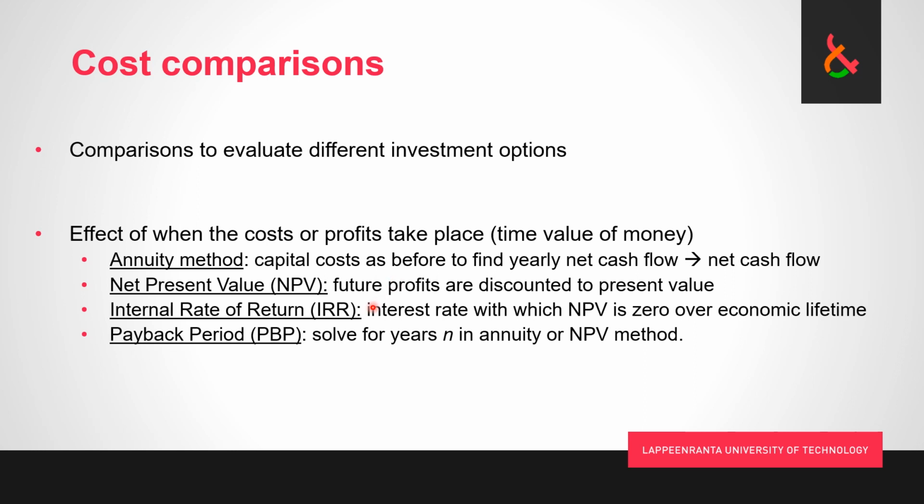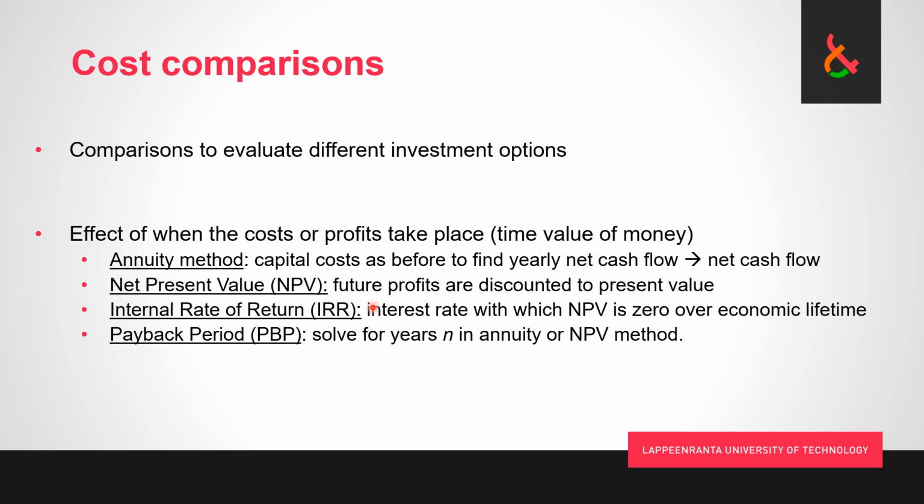Then we can also compare by internal rate of return, and we're not going to have any examples of this in the course. It's mathematically a little bit more involved than the other methods, but it's basically good to understand that it exists and what the principle is. So the idea is that we calculate, with given economic assumptions, what our interest rate has to be so that in a given number of years and with a given amount of investment, we amortize the investment.